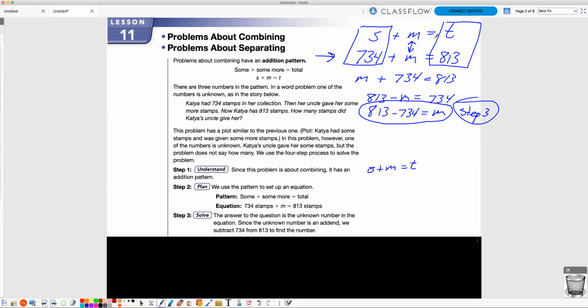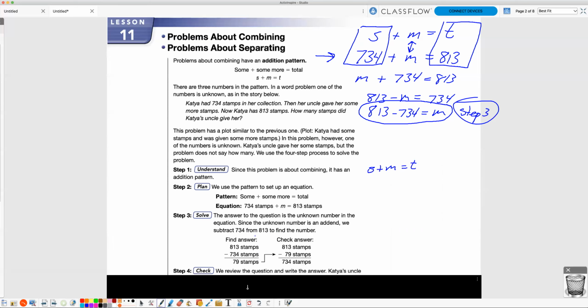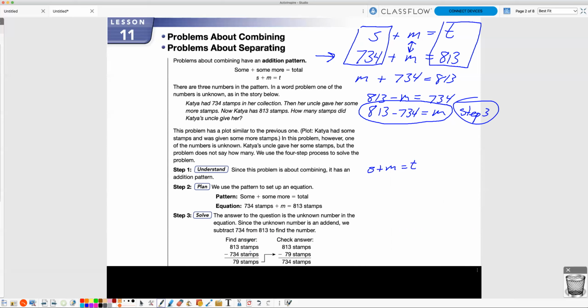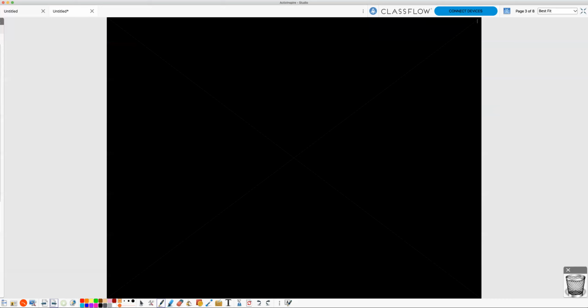That was step 1. This was step 2. This is step 3. So then you just find your answer. In this case, we would take 813 minus 734 and get 79 stamps. You can check your answer. If you have 813 minus 79, it should equal the other number. So then we review the question and write the answer. Katya's uncle gave her the 79 stamps, which is what the sum more was.